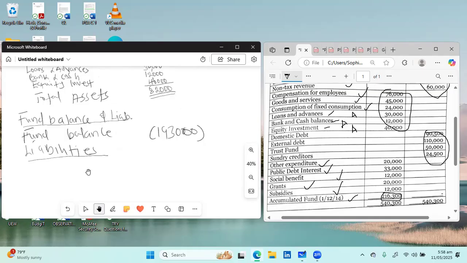So mention them for me. The first one is what? Domestic debt. How much is it? 90,500. Next, external debt. Domestic debt should be DD, external debt, ED. It's 110,000.